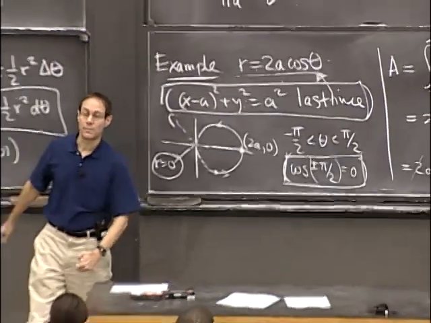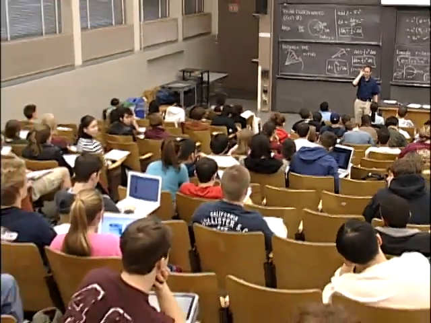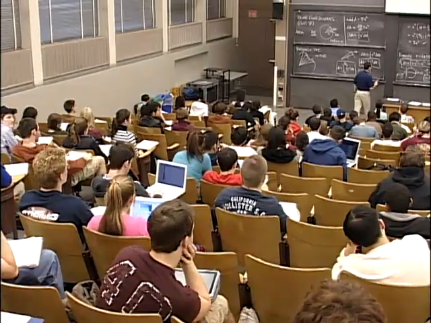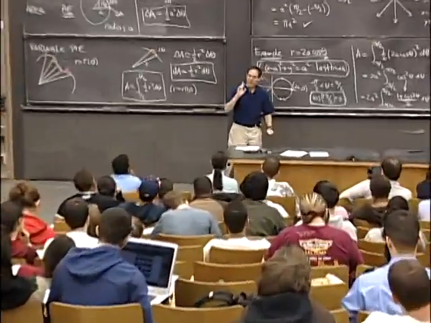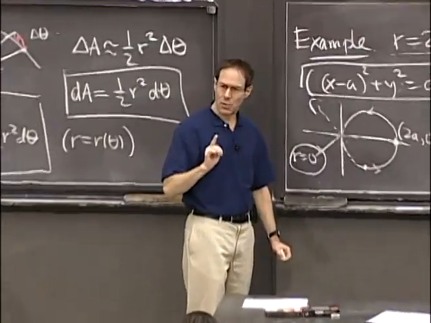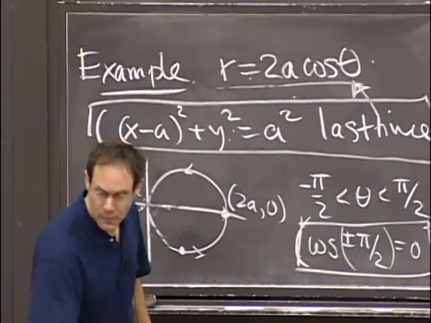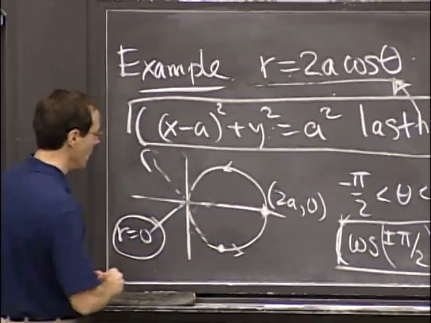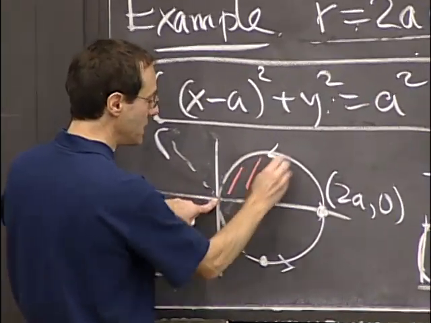Yeah, another question. Doesn't this equation also work if you just go from 0 to pi? Does the integration work if you just go from 0 to pi? The answer is yes. That's a very weird object, though. Let me just show you what that is. If you started from 0, so I'll illustrate it on here. The first thing that you swept out between 0 and pi over 2 is this part here.